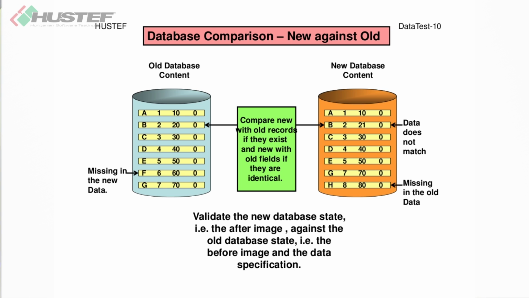You see we have on the right side, on your left side, the new database content, and some of the records, maybe like the B record, don't match because before the one value was 20, if you can see that, and now it's 21.